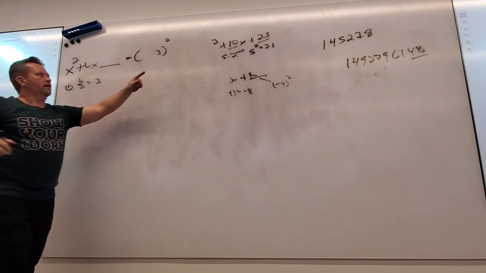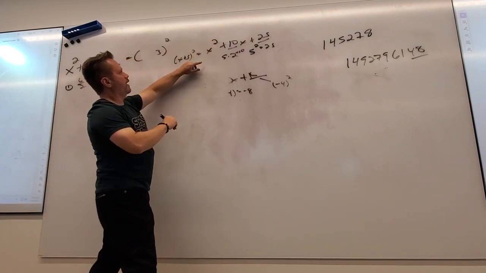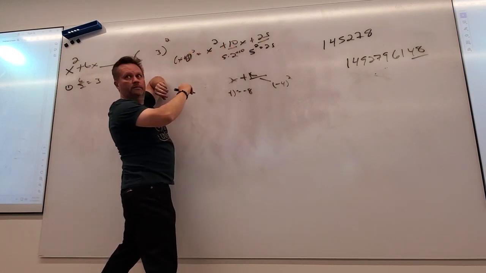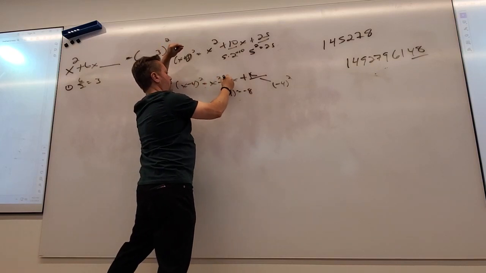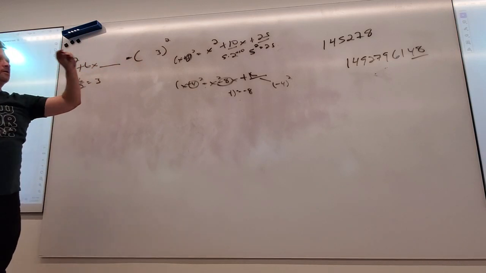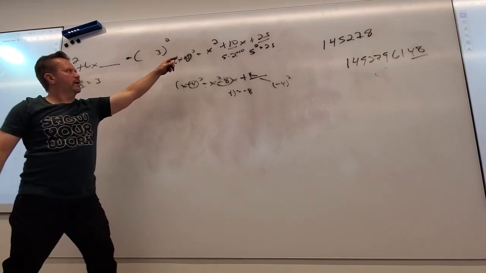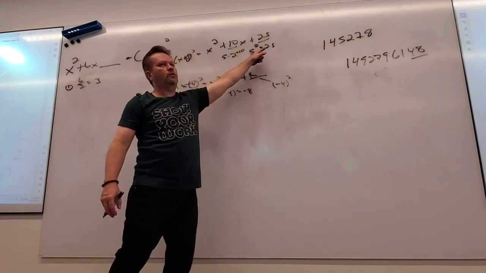I really want that to make sense. I wish I wouldn't have erased this. All right, there we go. If I cut the middle term in half, isn't that the number that goes here? Cut that in half. That's what goes there. How do I get the last number? I take that and square it.